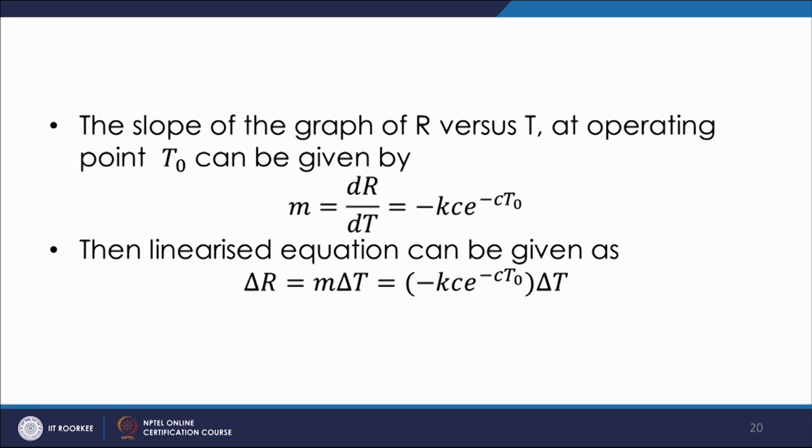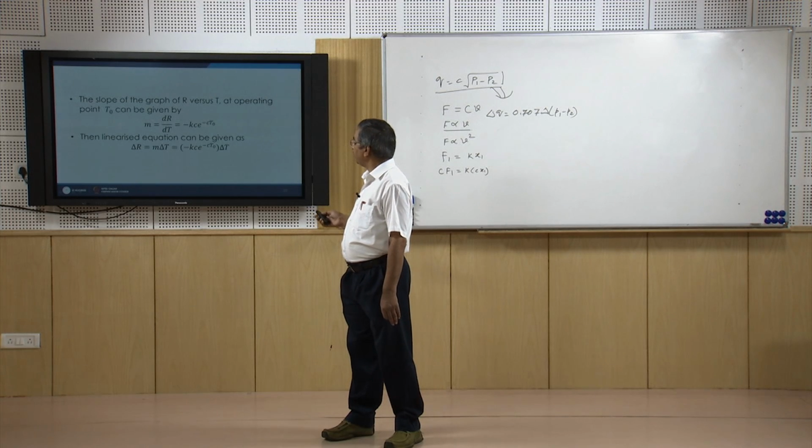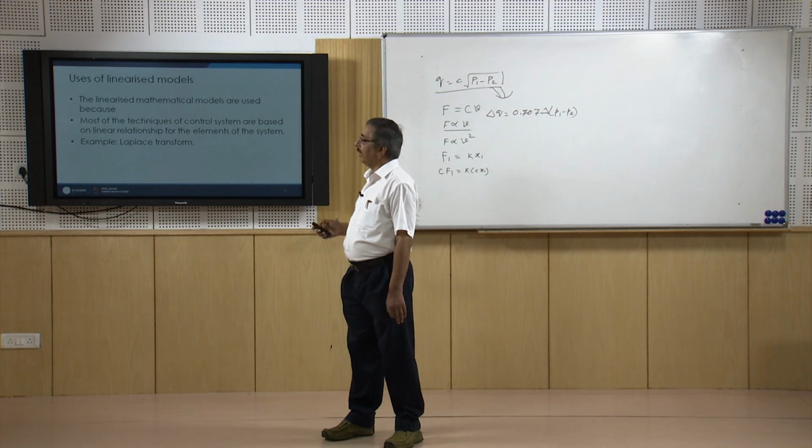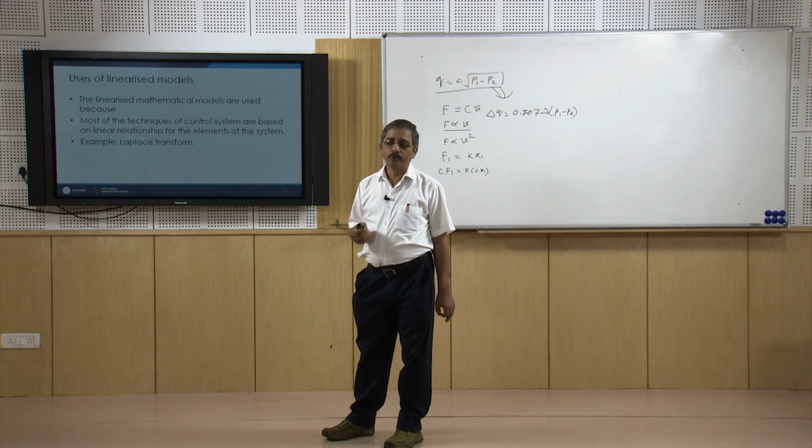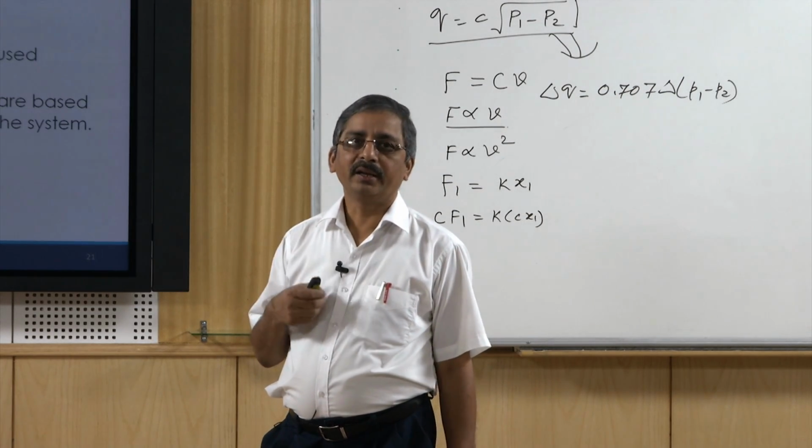Here you see, I know the constant K, I know the constant C, and I know this T0 also because I know my operating point, and thus I get this equation: delta R is equal to this constant into delta T, and this is what we call the linearized equation for this nonlinear equation. So, this was the small concept given to you to linearize a nonlinear equation.